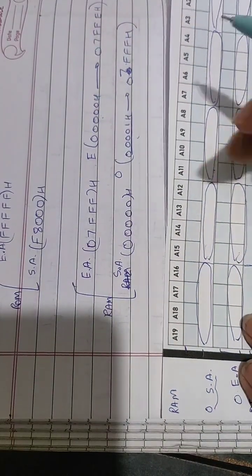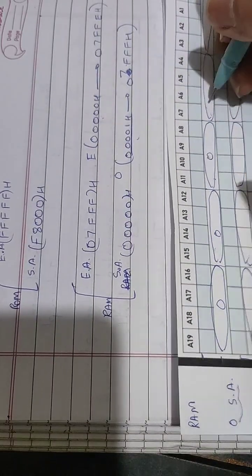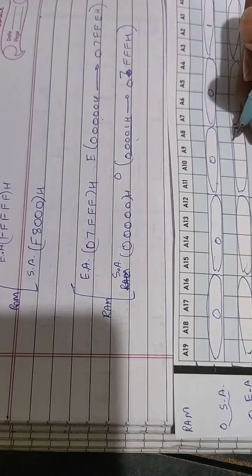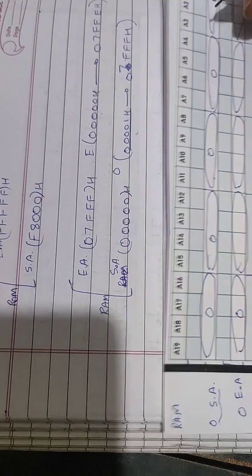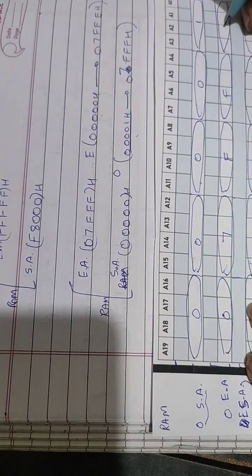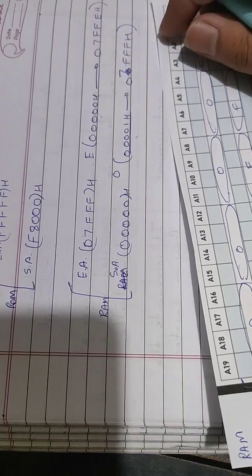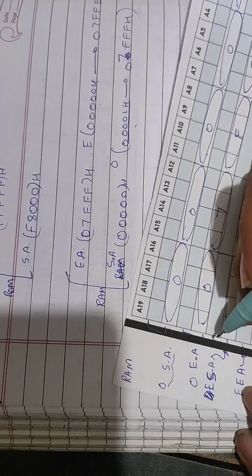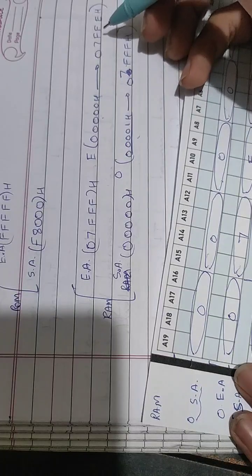Okay, so now we can just write that down. For odd, we'll have 00001, right? And then for the odd ending address we have 07FFF, correct? And then for our even one we have 00000 to 07FFE.